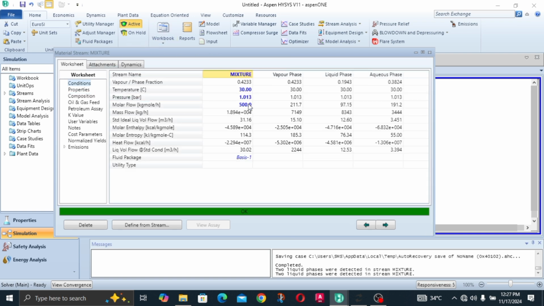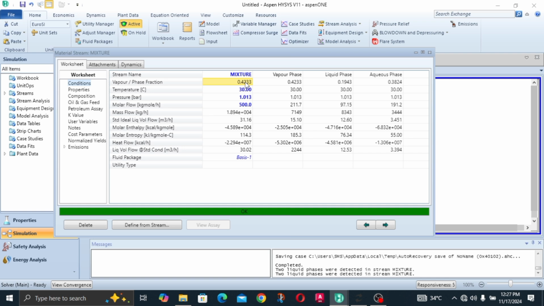And for this, we're going to be using the same conditions: 30 Celsius, 1 atm, which is basically 1.013 bar, and 500 kilogram mole per hour as our molar flow rate. And as you can see, with all these parameters, our phase fraction is naturally a mixture, 0.4233.